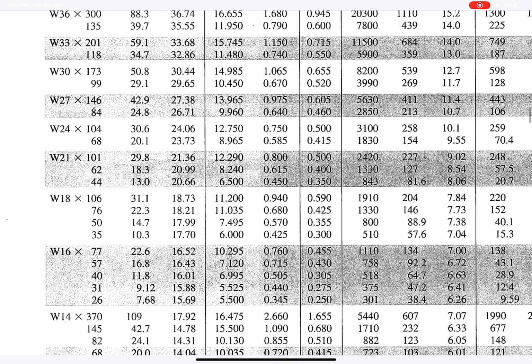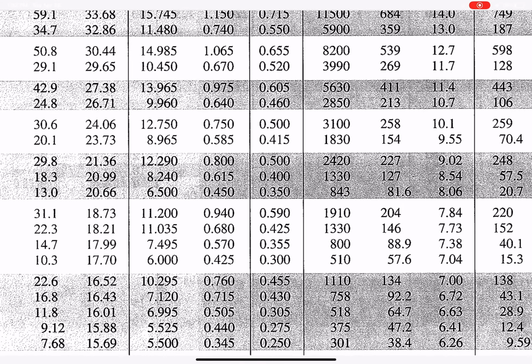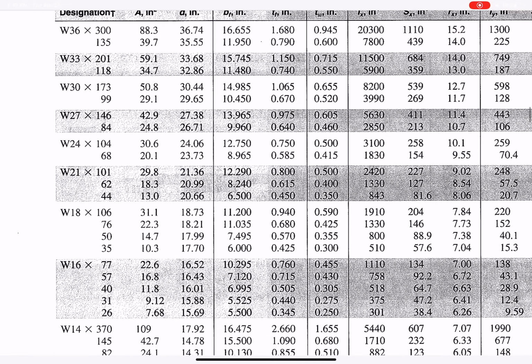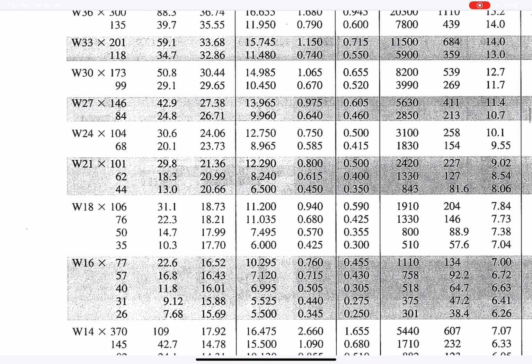The next one, for example W21 by 44, has SX equal to 81.6. There are multiple options, but when you choose, you need to choose the most economical, so look at the candidate that has the least weight, so that you don't pay a lot.